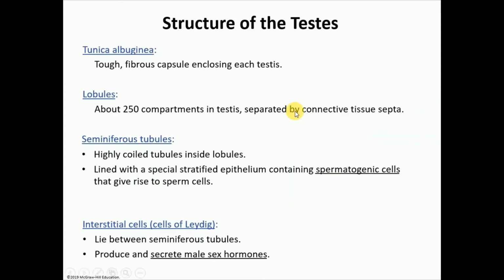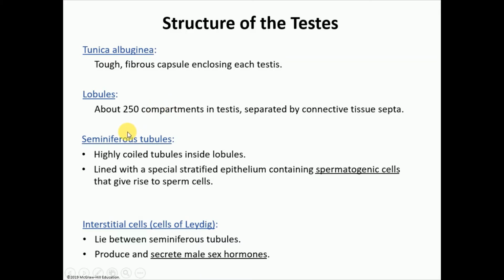Now for the structure of the testis, it is surrounded by a fibrous capsule known as the tunica albuginea. Okay, and then inside of the testis, there are several walls, septa made out of thin connective tissue, and it divides the testis into very tiny lobules or compartments, about 250 compartments each.